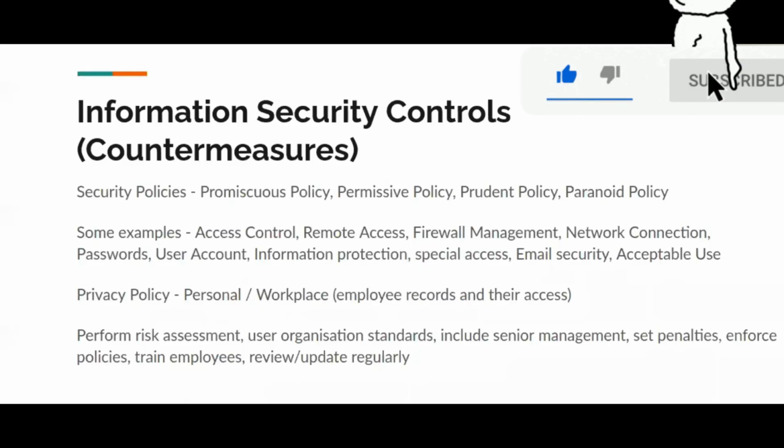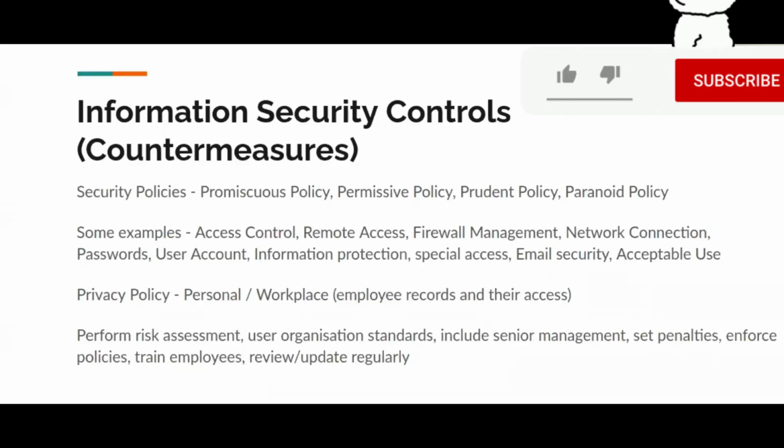In paranoid, you won't allow any kind of interaction or exchange of information, whereas some set of interaction is possible under permissive policies. So based on that level, they are divided into these four.